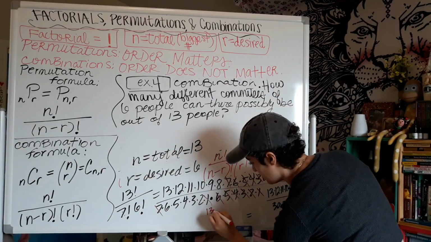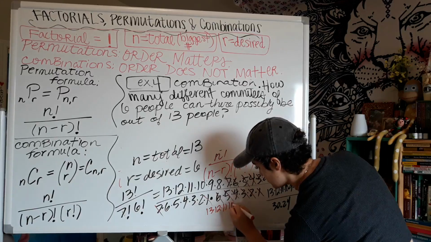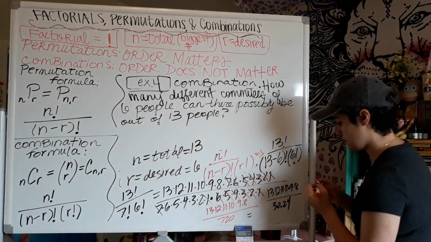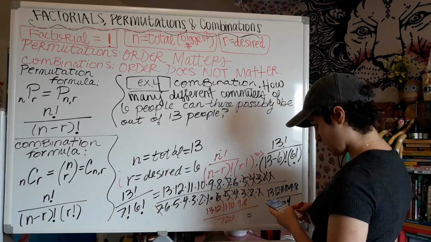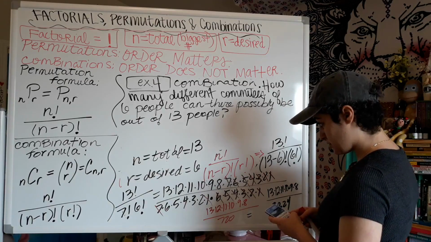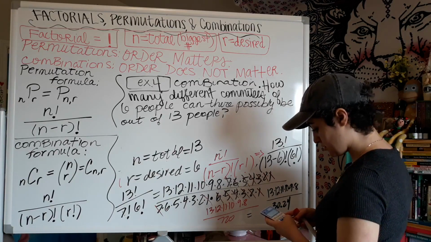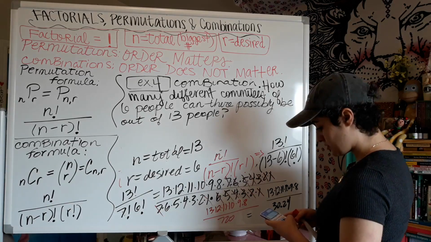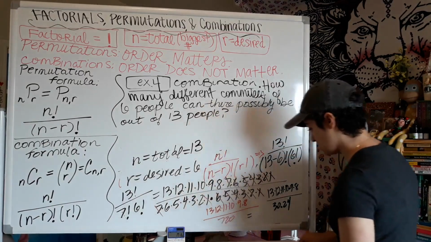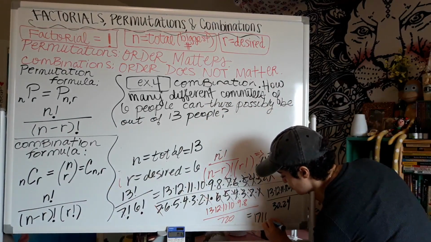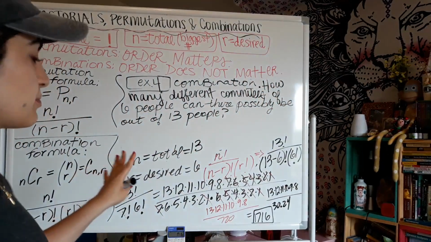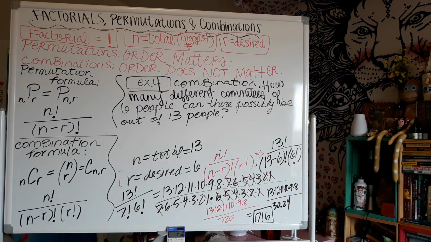So 13 times 12 times 11 times 10 times 9 times 8 all the way over 720. It's 13 times 12 times 11, which is 1716. There you go, and that's your answer. If you want, you can pause it really quickly so you can see the final product of the board.